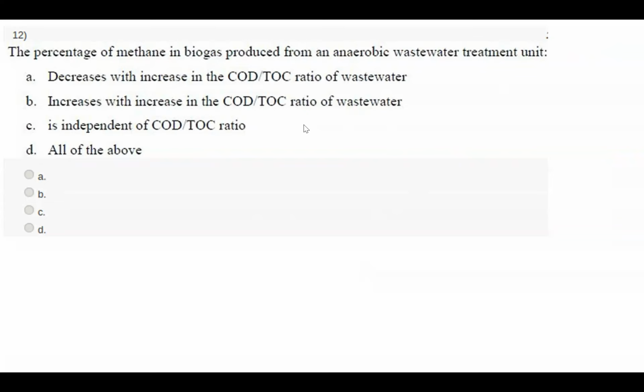What do you think? Which is the correct answer?